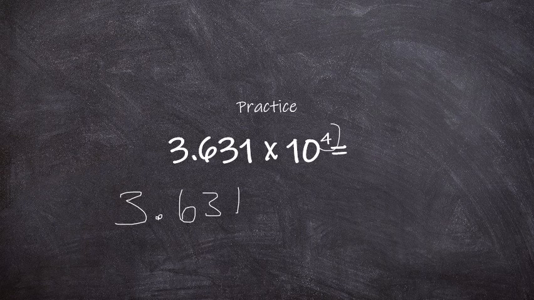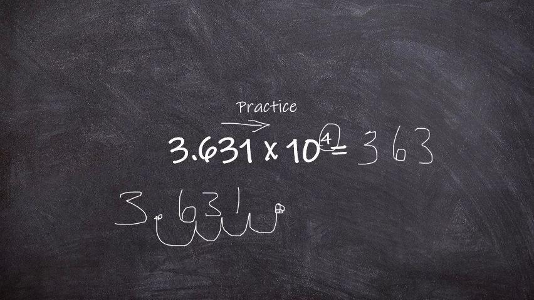And we want to move our decimal 4 places to the right. So let's move it. 1, 2, 3, 4. And we'll stop there. So if we rewrite our number, we should have 3, 6, 3, 1, and a 0 because we put a 0 in the place where there is a blank. So if I wrote this number, I put my comma where it belongs, I should have 36,310. Did you get that? Awesome. Let's keep going.